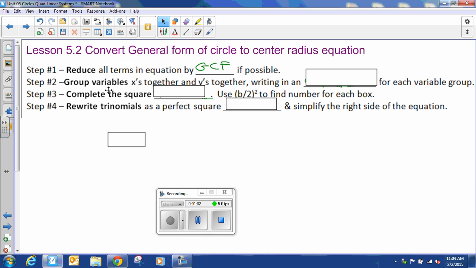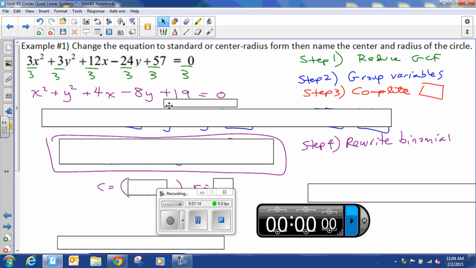Step 2, group the variables x's together, y's together, writing in an empty box for each variable group. So, before we do that, just like when we complete the square, let's subtract out the number 19, the constant, from both sides.